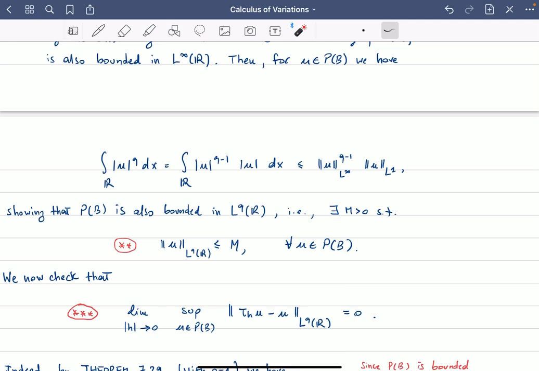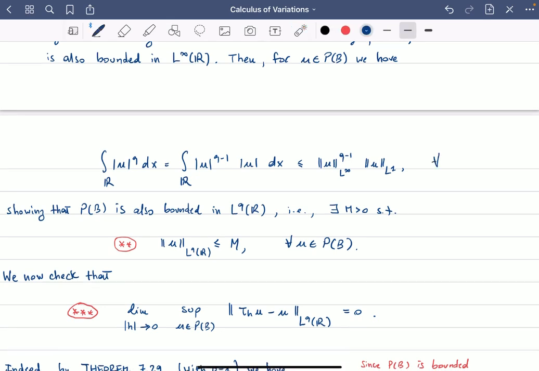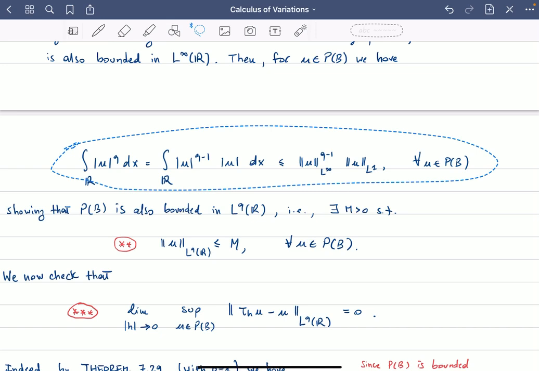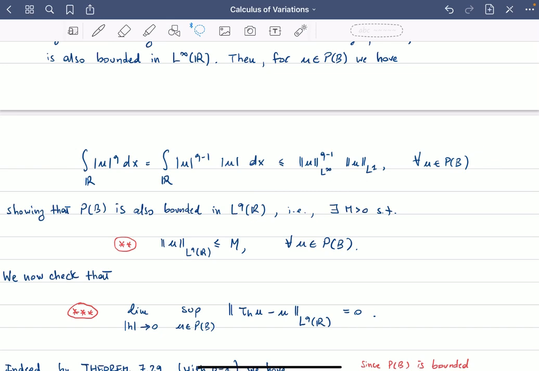It's not even Hölder's inequality, we are just taking outside the L infinity norm of this one, and we're left with the L1 norm of u. So we have the L1 norm of u times the L infinity norm of u to the power of q minus 1. This is true for all u belonging to P of B, to be precise. So this is telling you that P of B is also bounded in LQ.